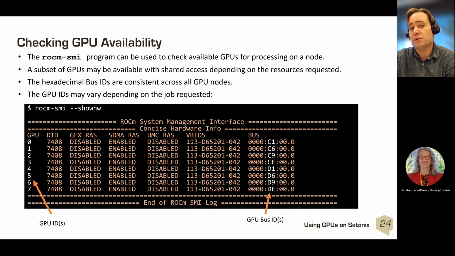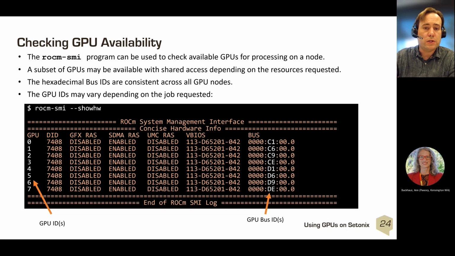And you can check how this is working with the rocm-smi program, particularly with the --showhw option. So this is an example from a job that is running on one node exclusively, so all of the GPUs are showing up for this process, and you can see that we have the GPU IDs on the left there and the corresponding bus IDs on the right.